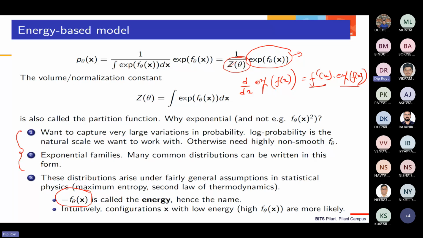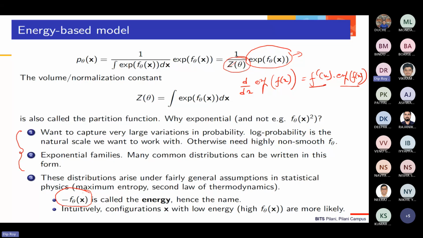The reason it has a negative sign is that we want to say that lower energy means higher probability. Lower energy means higher probability. So intuitively, a configuration x with lower energy is more likely. That is where this idea has been borrowed from.